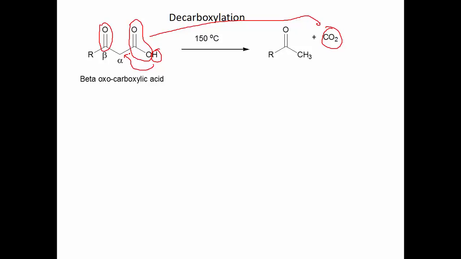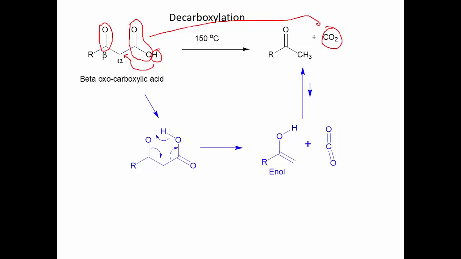So here's the mechanism. We're going to orient this molecule, do a bond rotation here, so it's now in this conformation where the hydrogen is near the oxygen, and this is probably the favored conformation because of the intramolecular hydrogen bonding. We're going to now do a pericyclic reaction that's basically like the Diels-Alder reaction, where we push 3 arrows, and this gives us now the enol and carbon dioxide.